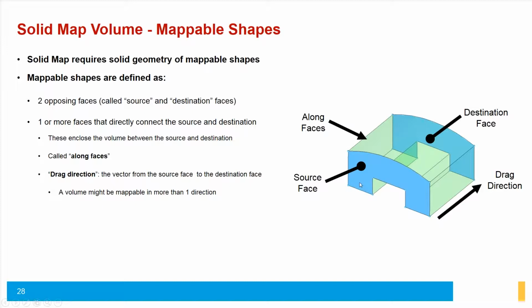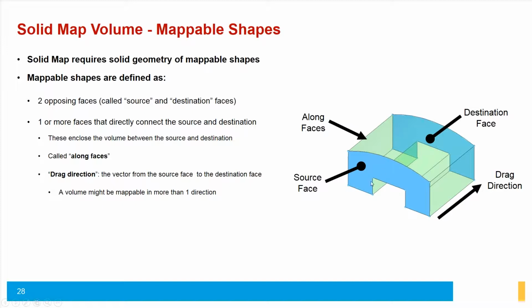Now, when you're working with source faces and destination faces, you can have multiple source faces, so this could be divided into multiple faces, but you can only have one destination face. This is a very important rule to understand when we start doing this.